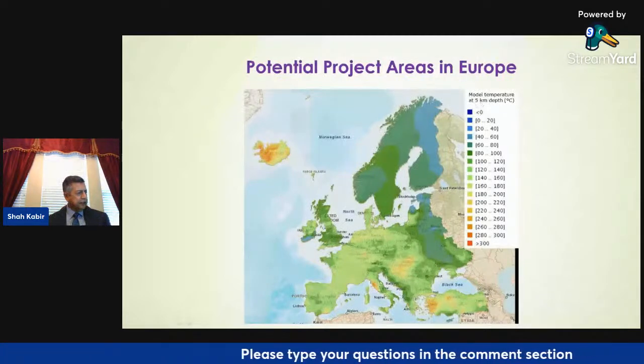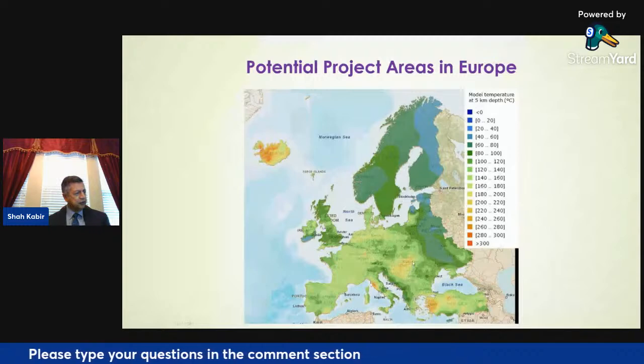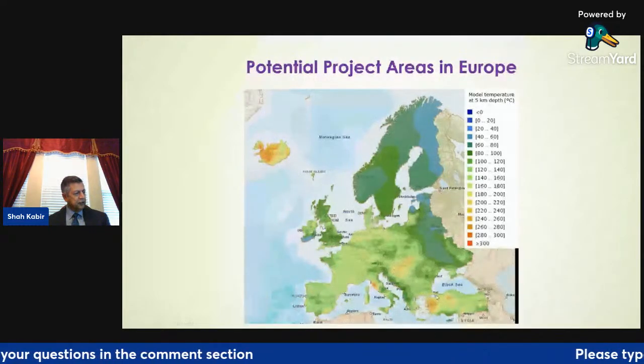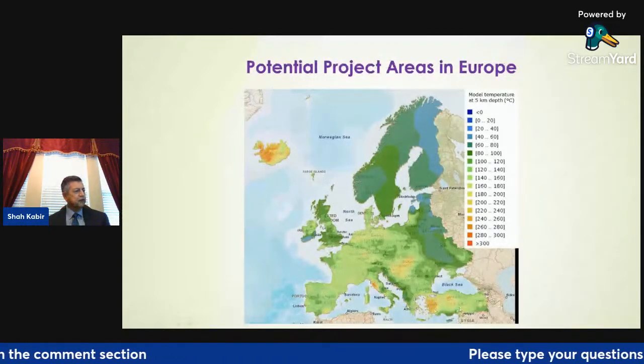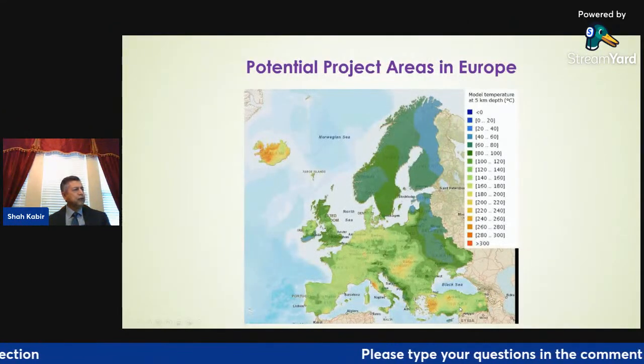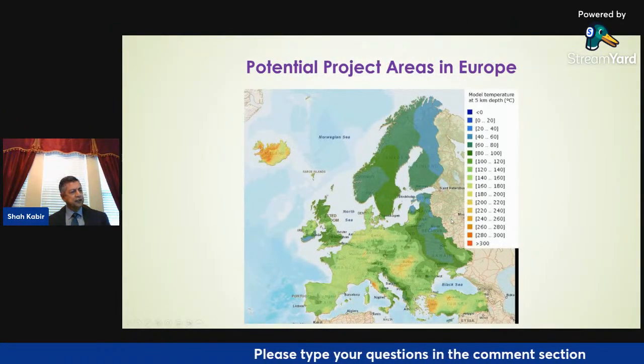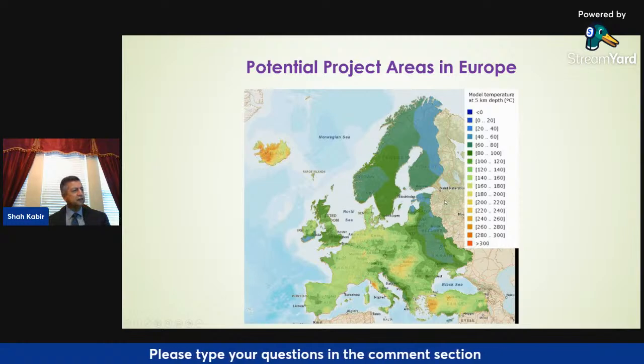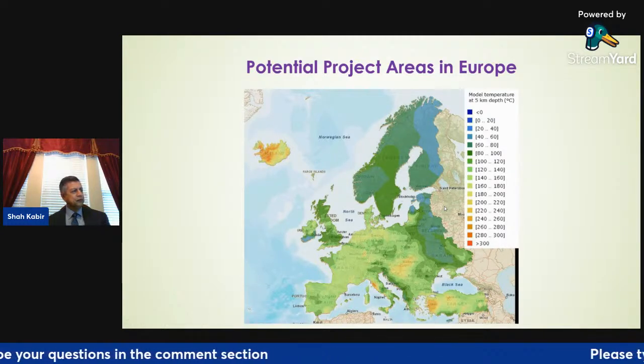And then Italy, as you know, is well known. They have a lot of potential, and also Hungary, and obviously Turkey. So there is a lot of thermal energy extraction potential in this region too.